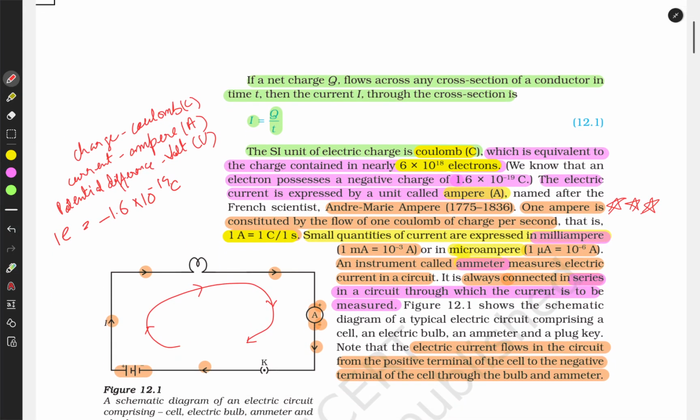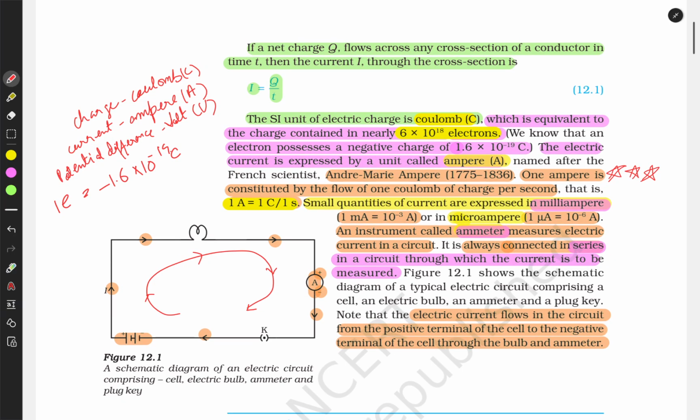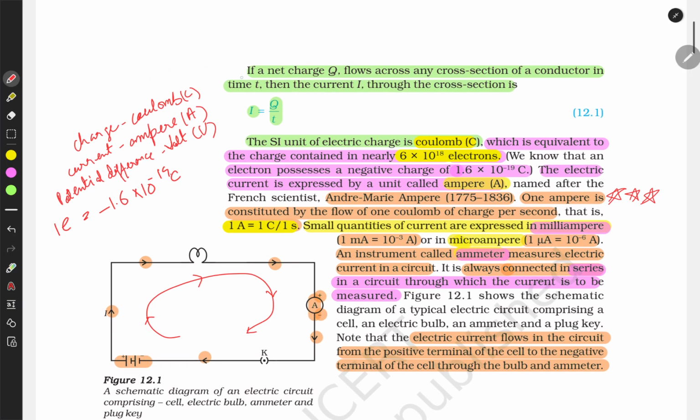How can we mathematically describe this? If a net charge q flows across the cross section of a conductor in time t, then the electric current I through the cross section will be the net charge flowing, the amount of charge flowing per unit time.